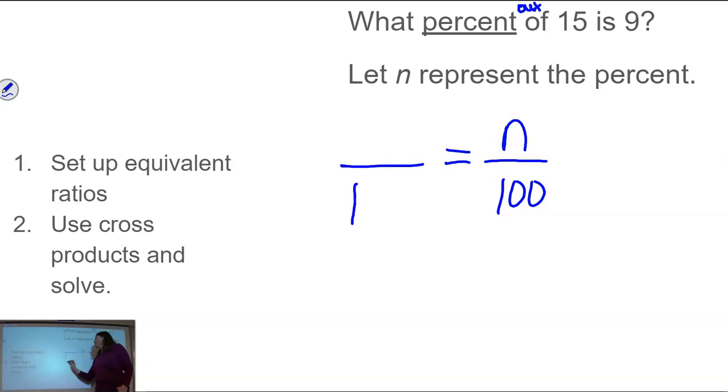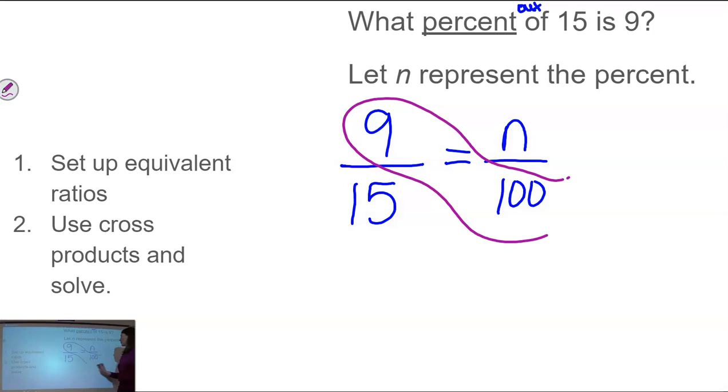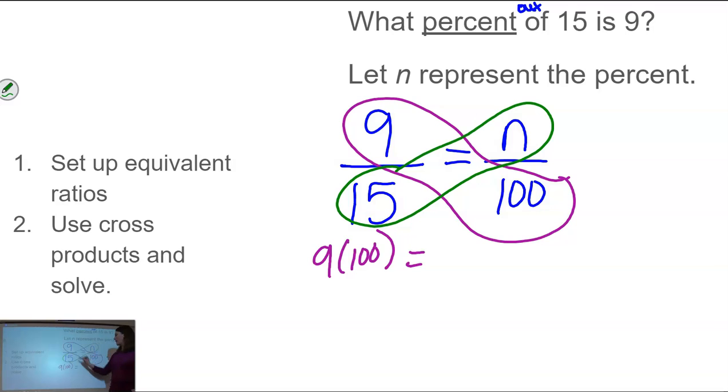So 15 would be my whole, and 9 would be my part. So in this case, we would do a cross product. So we do 9 times 100 equals the 15 times the n.